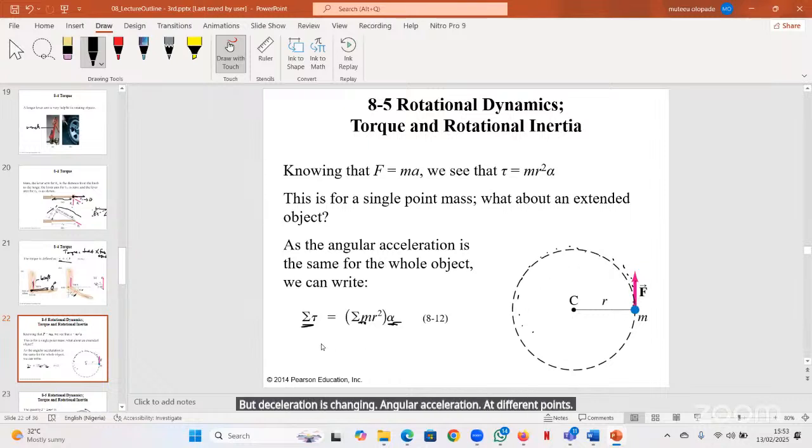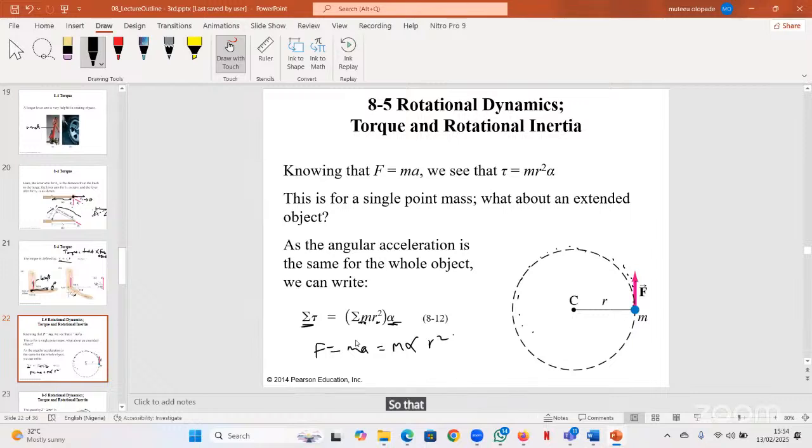Because F is equal to what? MA. But with rotation, that is M times alpha times R, where R is the perpendicular distance, which is squared. So that is what you have there. Any question?